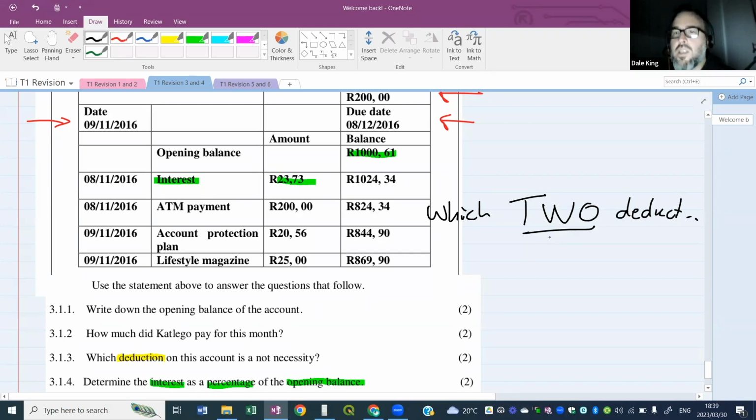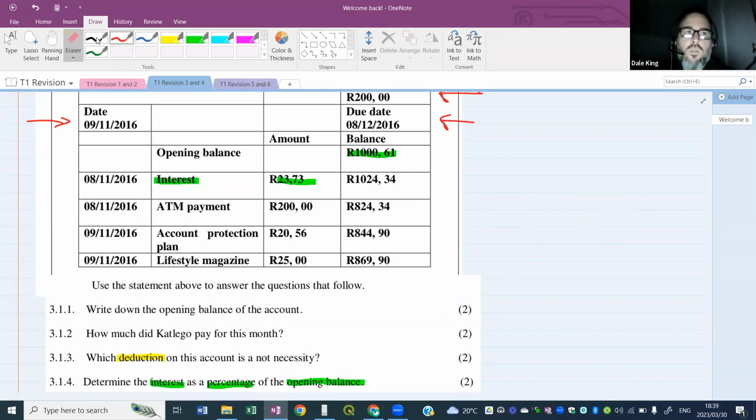They'll actually put the word 2 in capitals there, which means you must give 2. But because it's 2 marks doesn't mean you must give 2. In math literacy exams, there are no 1-mark questions. Everything that's small is 2 marks. So 2 marks is the minimum. Right, so you guys should be calculating this interest amount, 23.73. What is it as a percentage of the opening balance, please?